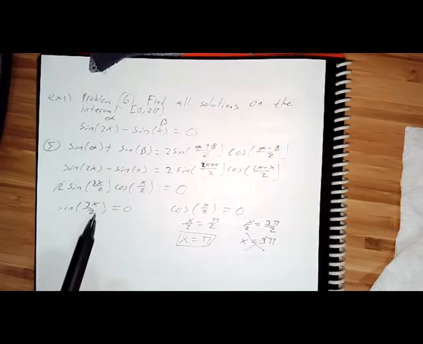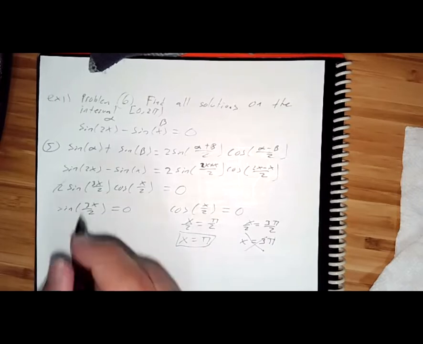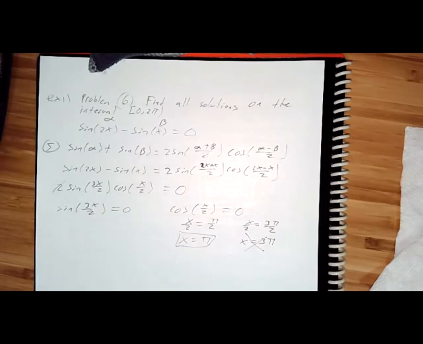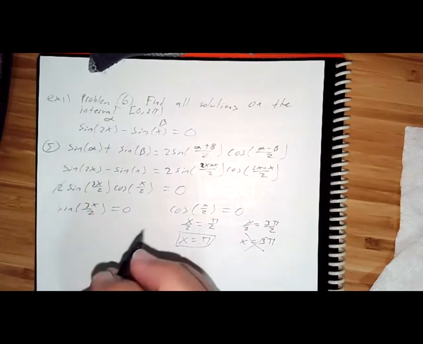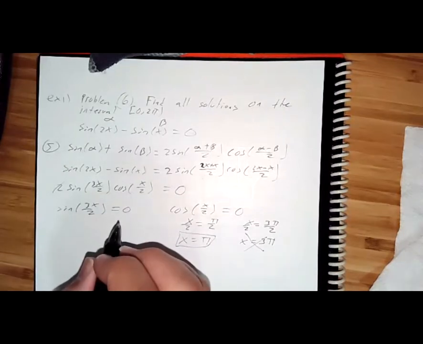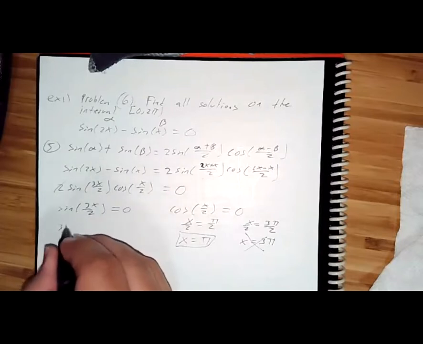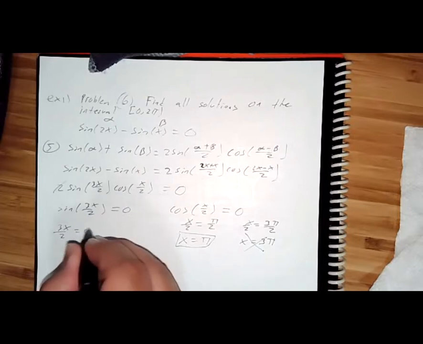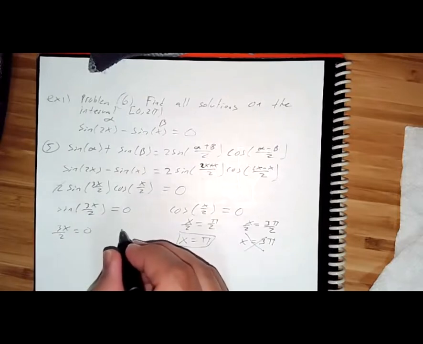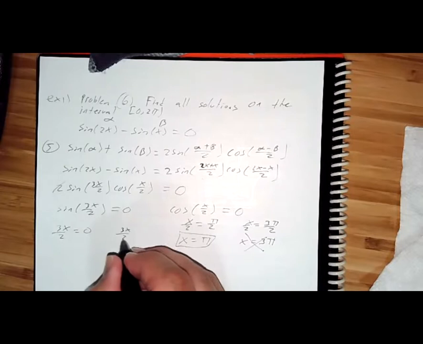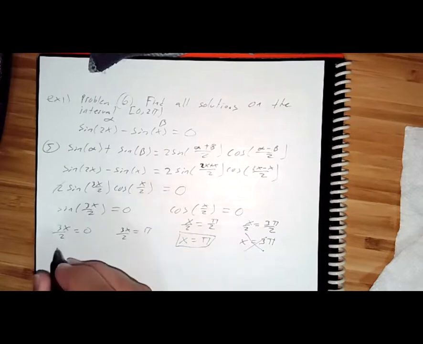No, let's solve for this guy. When is this one equal to 0? Look at our circle. 0 and pi. Yeah, 0 and pi. So set this equal to 0. Set this equal to pi. This one is clearly just 0.